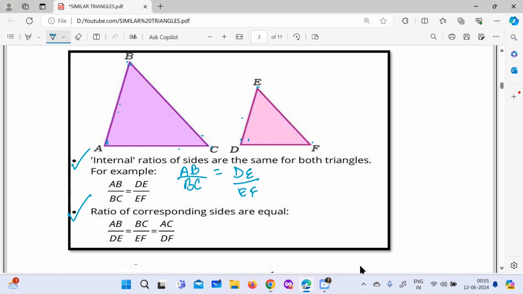AC its corresponding is DF. So ratios of corresponding sides are equal. We can write the ratios AB upon DE is equal to BC upon EF, which is equal to AC upon DF. So I hope this is clear.